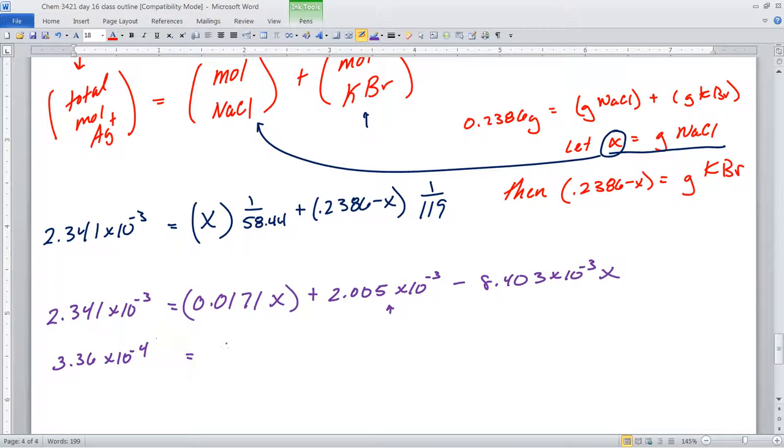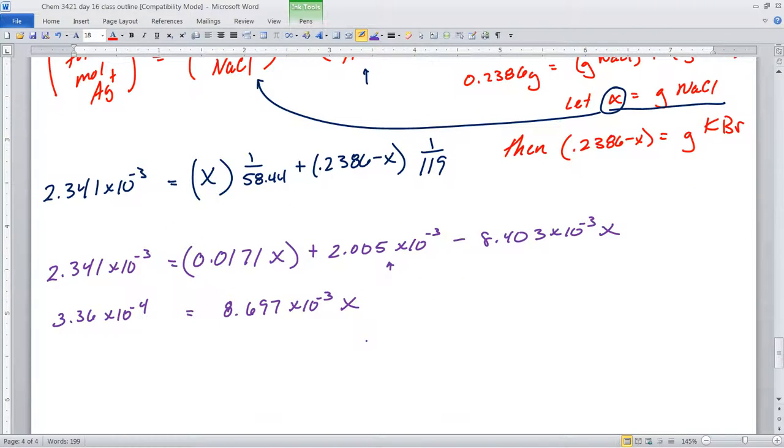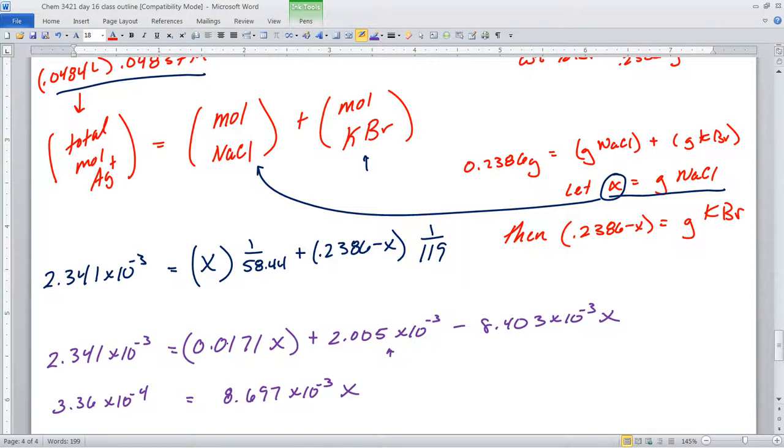Combine my x's, and I get 8.697 times 10 to the negative 3 x. Now I'll solve for my x. About 0.0386. That's my x.